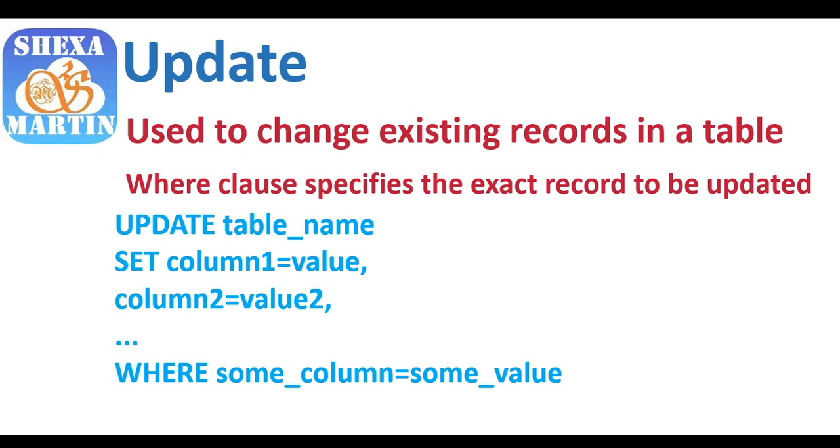If you have more than one column to be changed, you separate them by a comma, and then after that you put the where clause. The where clause is more like a condition. The condition within the where clause is supposed to be satisfied, and the rows that exist within the table and satisfy the condition in the where clause are the ones that are going to be affected by the update.